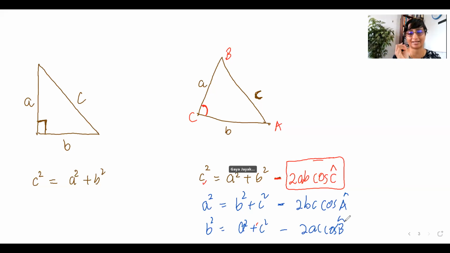And in fact, it is the cosine rule. If you apply it here, see what that last term is. What is the last term here? Minus 2AB cos what?